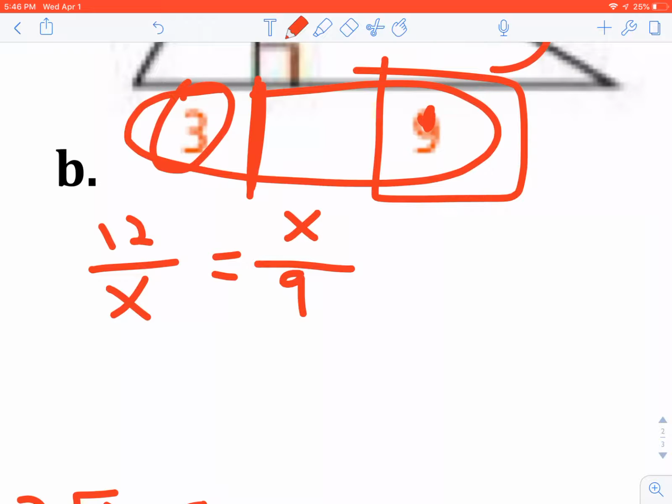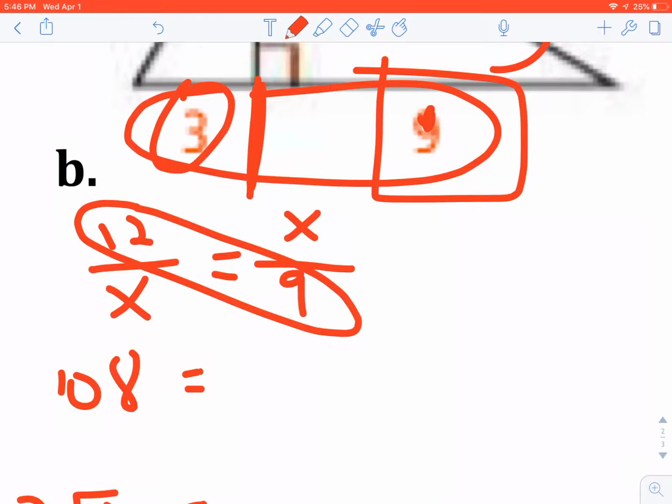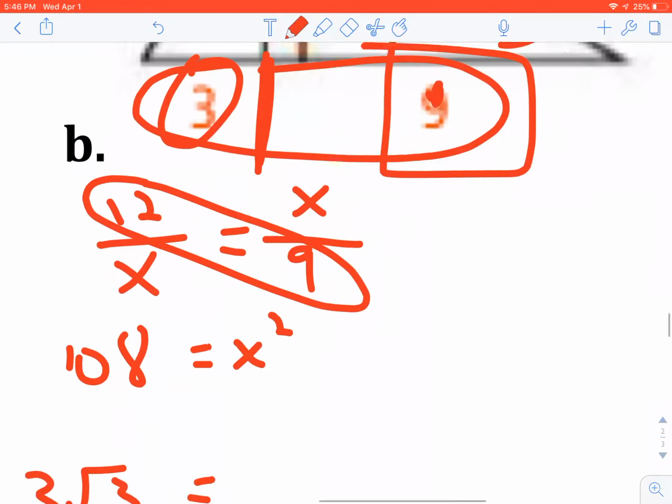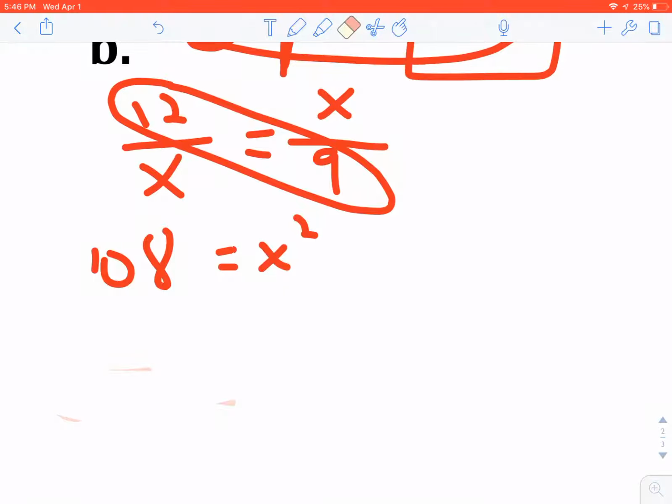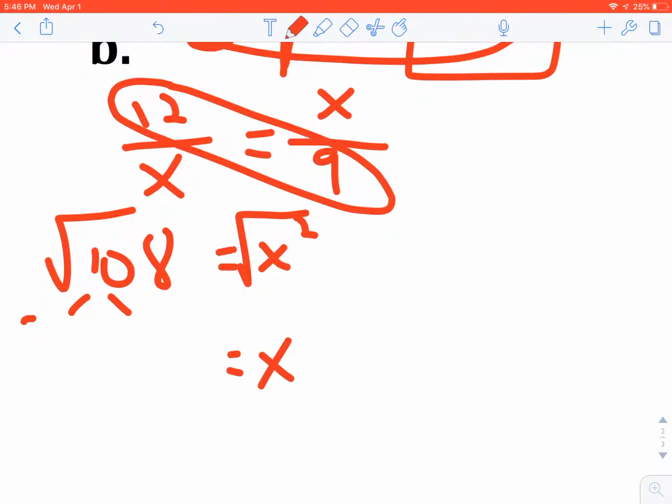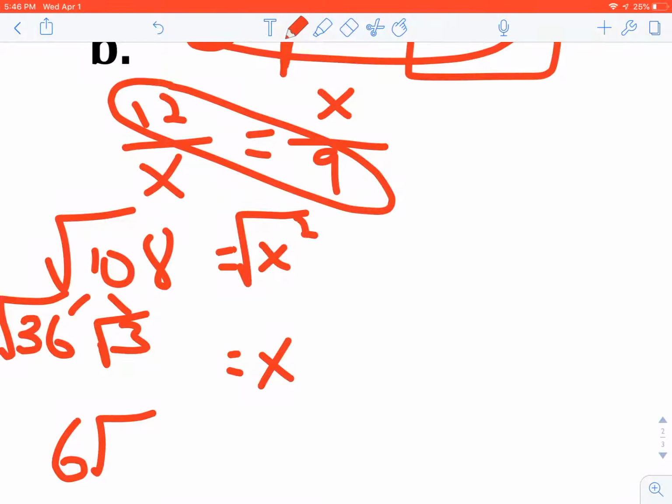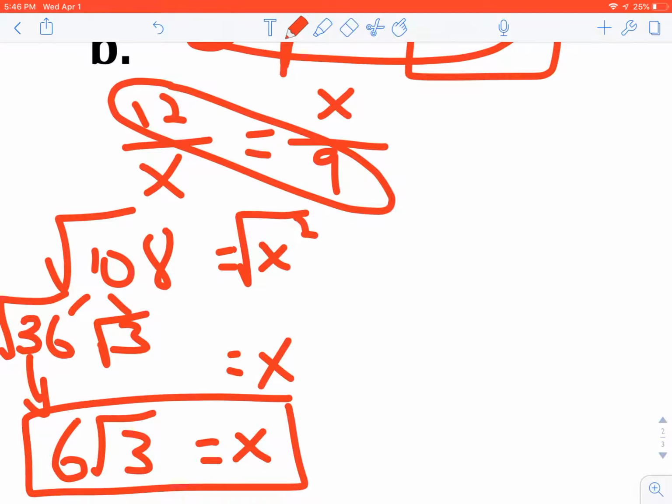Okay, so when I do my cross multiplication, I get 108 is equal to X squared, and this is not a perfect square either, so when I take the square root of 108, the biggest perfect square that divides evenly into it I think is 36, and you get 3 in return. The square root of 36 is 6, 3 stays underneath the radical, and that is your answer there.